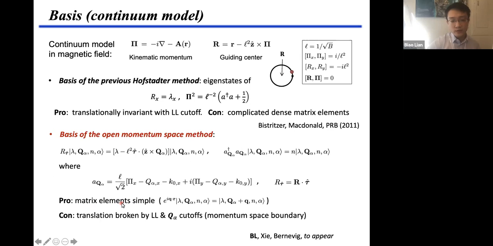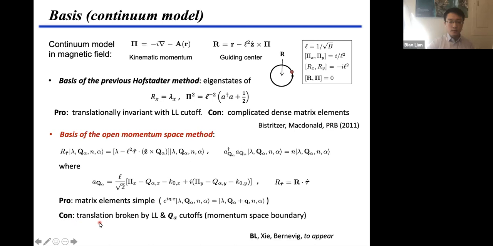the good thing about this basis is that the matrix elements under this basis become very simple. Recall that the lattice potential of the continuum model takes such Fourier components, e to the iq dot r, and under this new basis, e to the iq dot r applied on this basis just gives you a shift of the reciprocal site by this vector q.